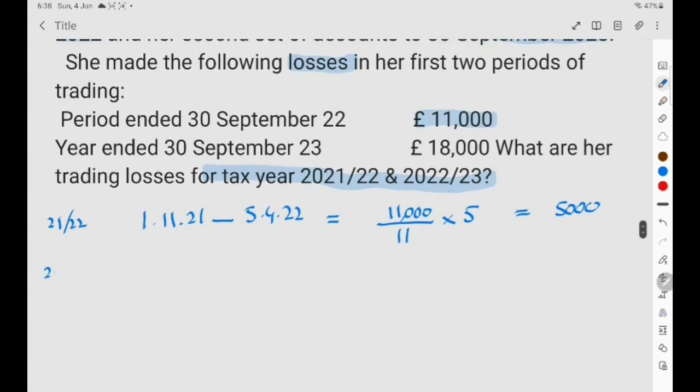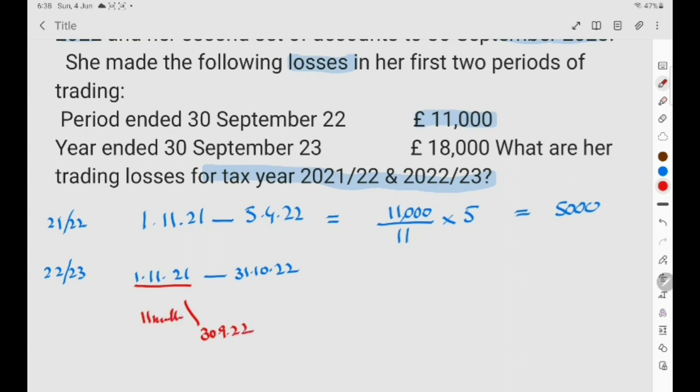Then in the year 22-23, as your period of account is less than 12 months, what we have to do is consider the profit or loss from 1st November 21 to 31st October 22. So in the first 11 months from 1st November 21 to 30th September 22, this is the period of 11 months.